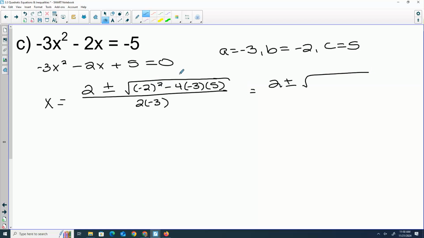Okay, -2 squared is 4. -4 times -3 is +12, times 5 is 60. So we get the square root of 64. What is the square root of 64?